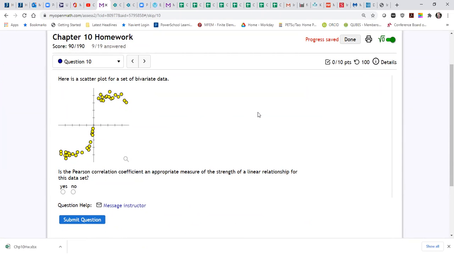So you can see this is not linear. Is the Pearson correlation coefficient an accurate measure of the strength of linear relationship for this data set? The answer is no, because it's not a straight line. So the answer is no.